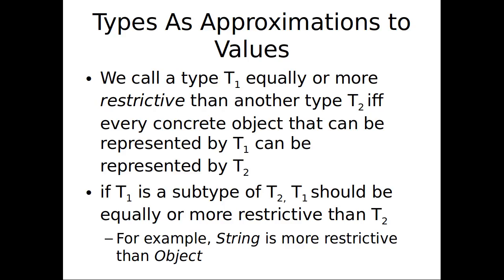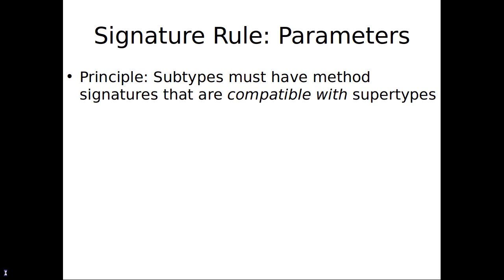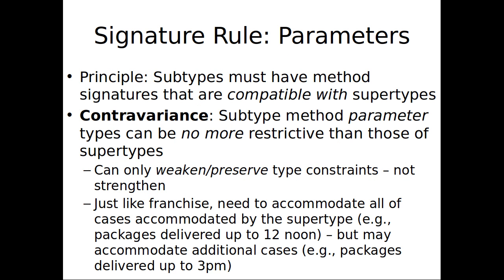In Java, strings are a subset of objects, correct? So I'm just defining what it means for something to be more restrictive. We're thinking of it in a set theoretic sense here. Okay, so the signature rule here is that subtypes must have method signatures that are compatible with the supertypes, okay?